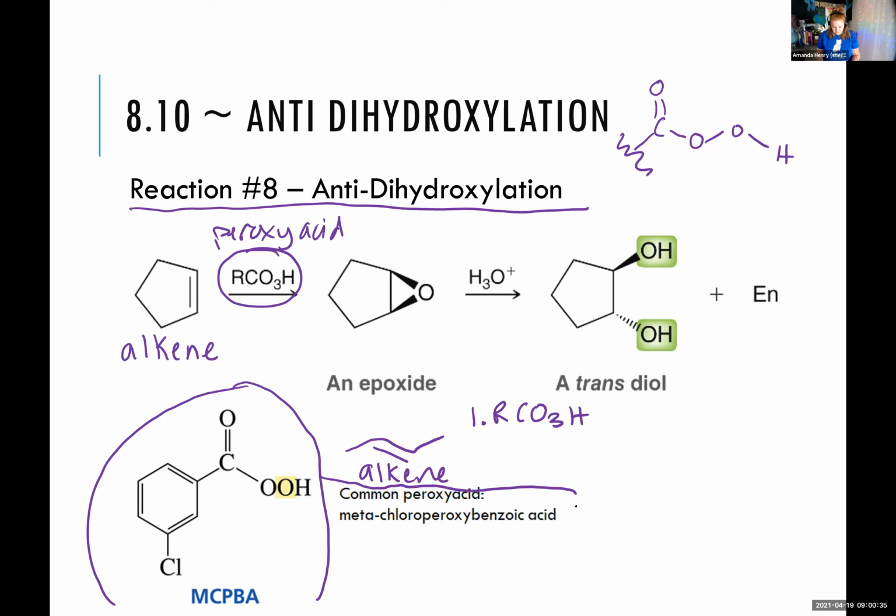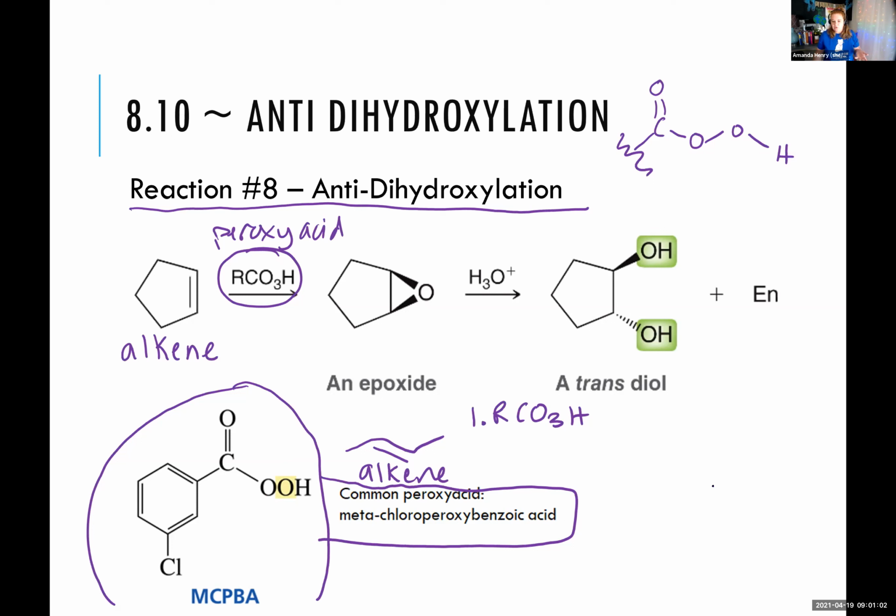It is called MCPBA. It stands for meta-chloroperoxybenzoic acid. So the meta, I don't think we've talked about meta at all. The meta tells us the relationship in the positioning. So the fact that those are separated by 1 carbon, that's what makes it meta.